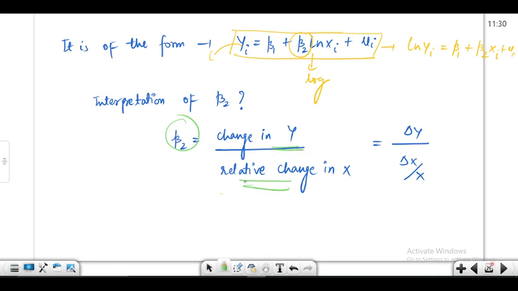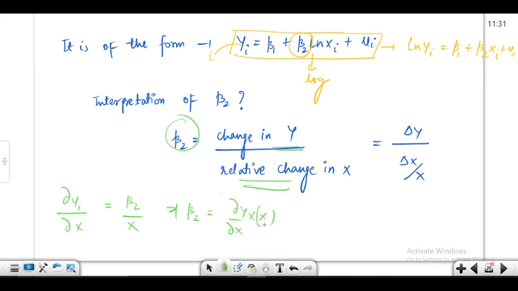If you want to find this, you can just differentiate. So if I differentiate, del y by del x is equal to beta 2 upon x. This implies beta 2 is basically your del y by del x into x.